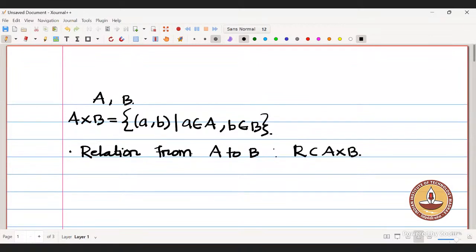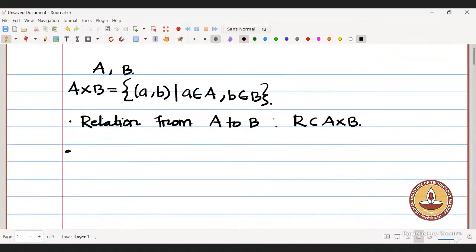There are different types of relations. The first one is the identity relation. When we talk about the identity relation, that means it's a relation from a set A to itself.